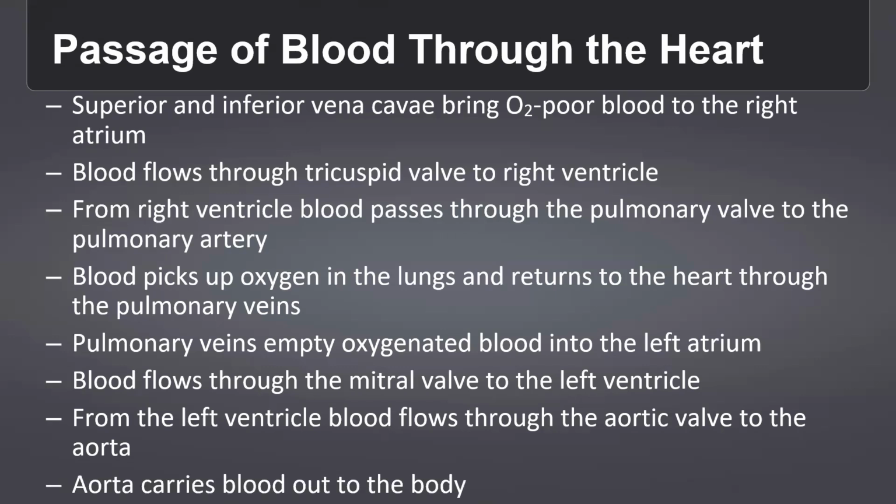And the aorta carries blood out to the body. So it can go upwards through any of those three valves, or as I said yesterday, it can curve downwards into the descending aorta down to the lower half of the body. Are we good? Good. I think that's always important.